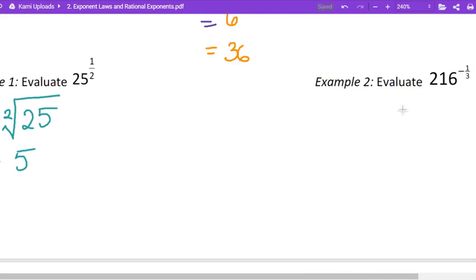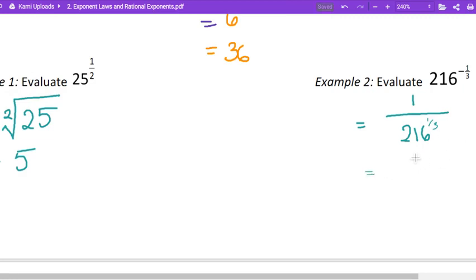Looking at the second expression, now I have a negative exponent. Let's deal with that first. Okay, so the negative exponent needs to be cleared. So I have 1 over 216 all to the power of 1/3. To the power of 1/3.